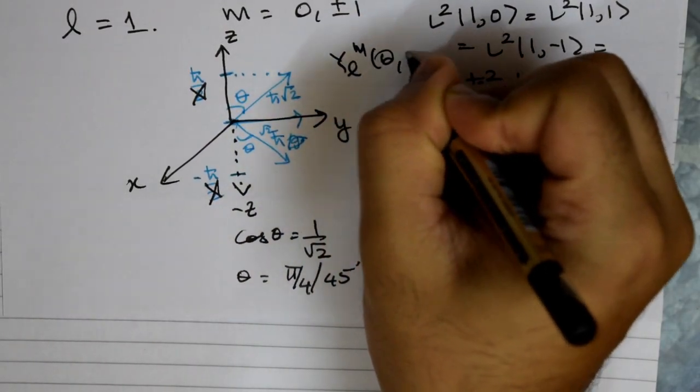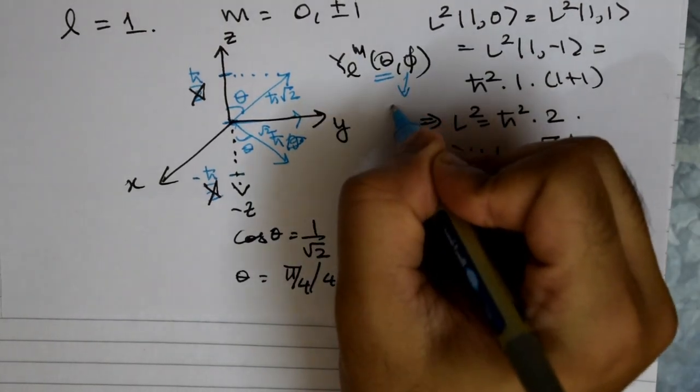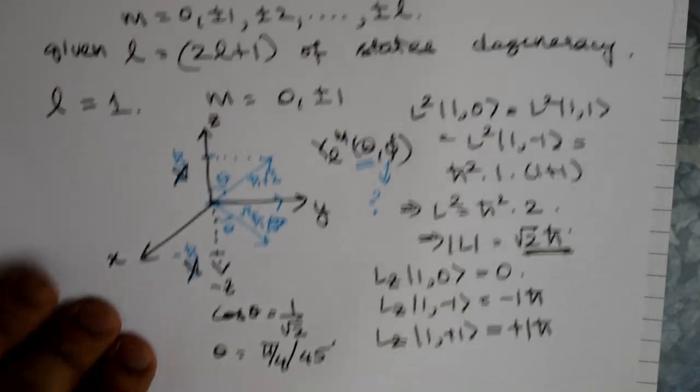We say Y_lm as a function of theta comma phi. We are able to reliably determine what is theta. Now the question is, what is phi? What is phi question will be answered in a moment, but what we are able to realize here, the vector is not collinear with the z-axis.